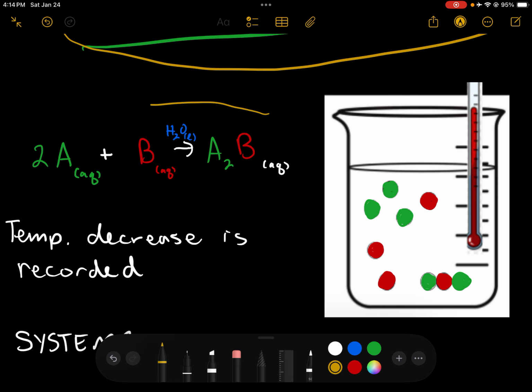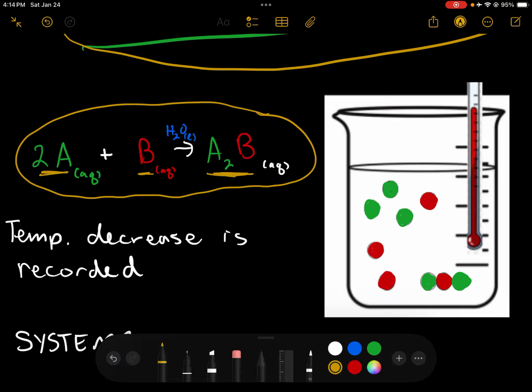So let's look at this reaction system here. We have an aqueous reaction going on. So we have 2 of A plus B are going to yield A2B. All of those chemicals are aqueous, but I want you to take note of this right here. You are going to see this a little bit more going forward. And the reason that water is there positioned above the arrow is because it's present around the reaction system.